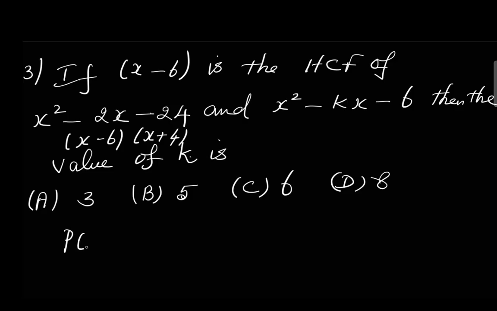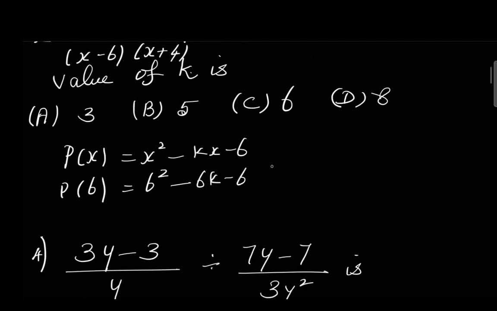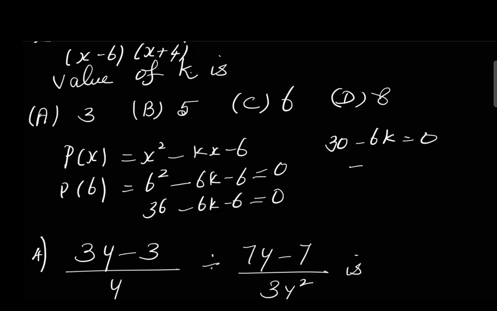Let me take p of x as x squared minus kx minus 6. Replace x with 6: 6 squared minus 6k minus 6 is equal to 0, because it is a factor. So 36 minus 6k minus 6 is equal to 0. 36 minus 6 is 30, so 30 minus 6k is equal to 0.